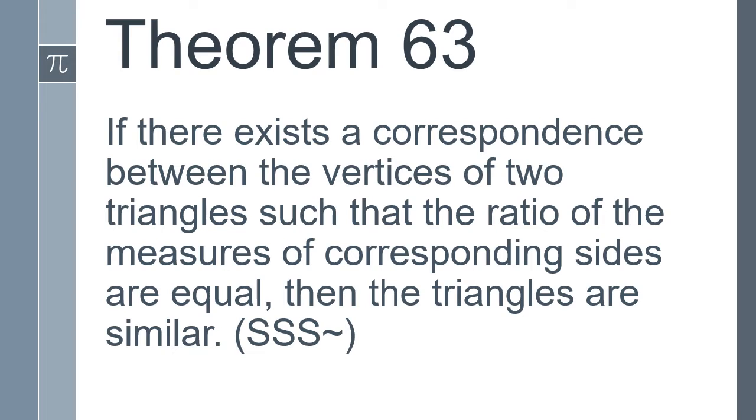Okay, so if there exists a correspondence between the vertices of two triangles such that the ratios of the measures of corresponding sides are equal, then the triangles are similar. So if we have an extended proportion of all three sides, then we would use what we call SSS similarity, or side similarity.